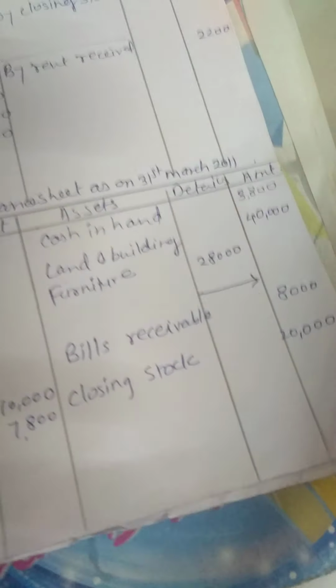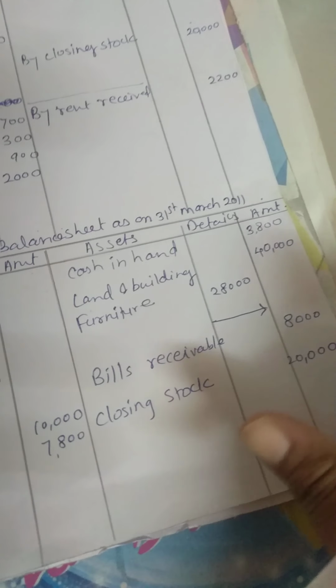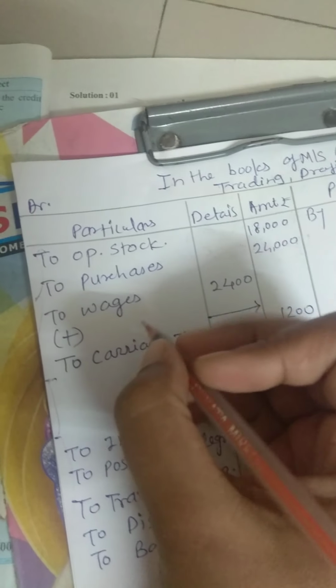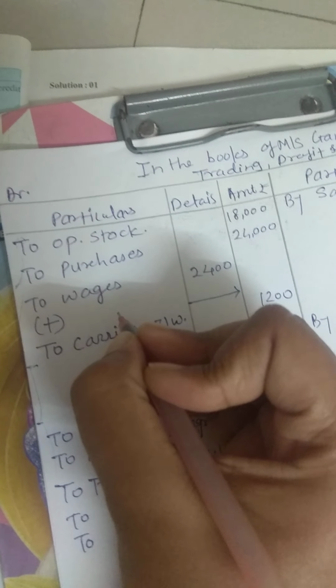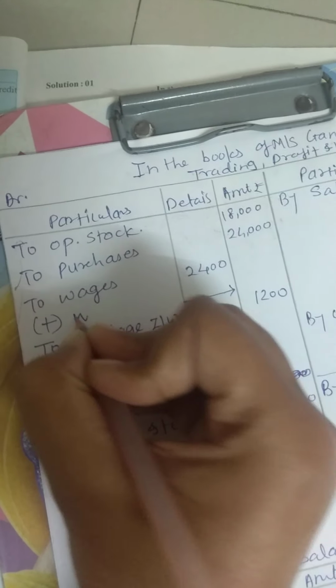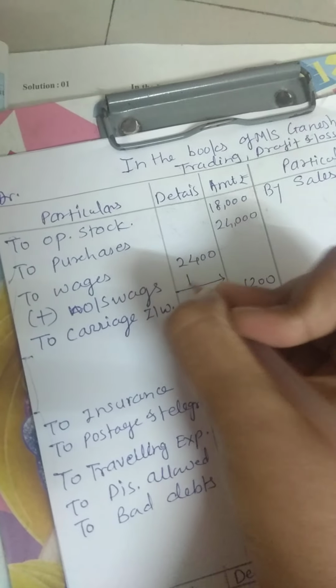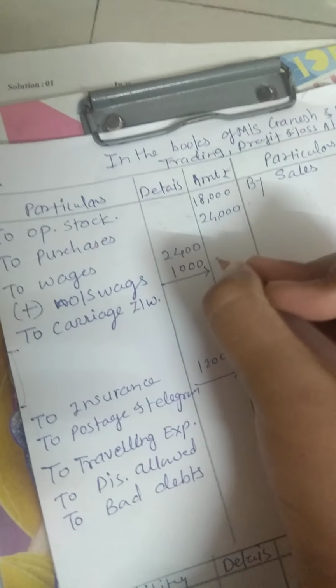Okay, now the next adjustment, outstanding wages. We are leaving one space here. Outstanding means the amount still has to be paid by Ganesh and Karthik. We are writing outstanding wages amount of rupees 1,000, and this amount we are going to add here.